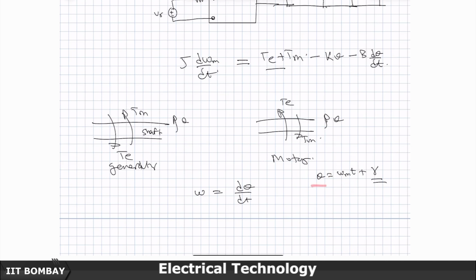So the angle which will be created will be omega m t plus gamma, and d theta by dt is going to be equal to this omega m, and so d omega m by dt will be d square theta by dt square.